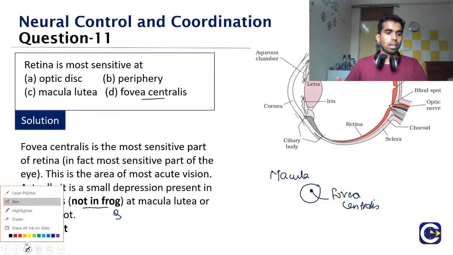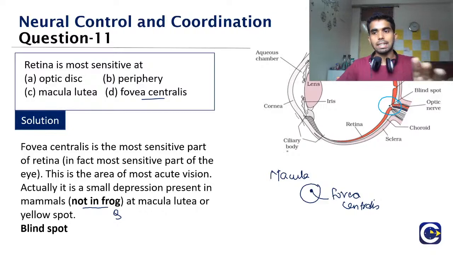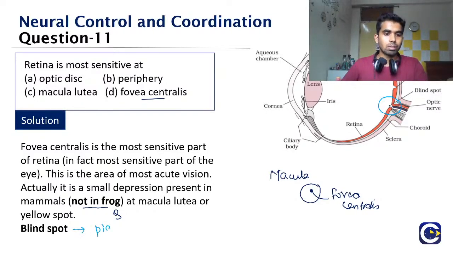And one more thing is that in the eye there is one more region. I told you that the cones are concentrated at one region, and there is some region where the rods and cones, I mean the photoreceptors, are completely absent, and it is known as the blind spot.